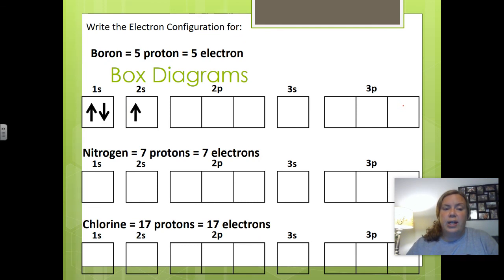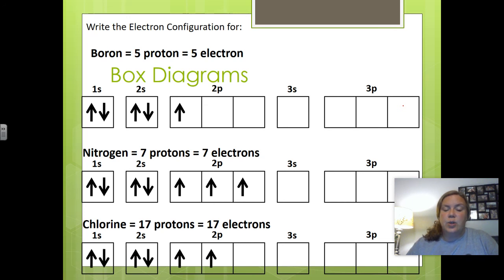So we're going to fill the 1s, fill the 2s, and then there's 1 electron going to be in the 2p. Nitrogen, we have 7 electrons. We'll fill the 1s, fill the 2s, do the Hund's rule. For chlorine, we have a lot more electrons. Notice we have Hund's rule with 2p, and we fill our 3s. Now notice we have Hund's rule again with 3p.